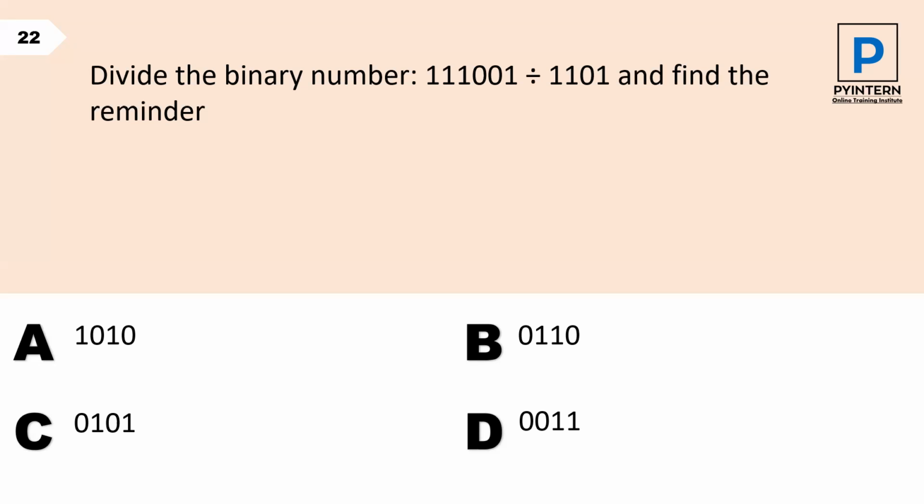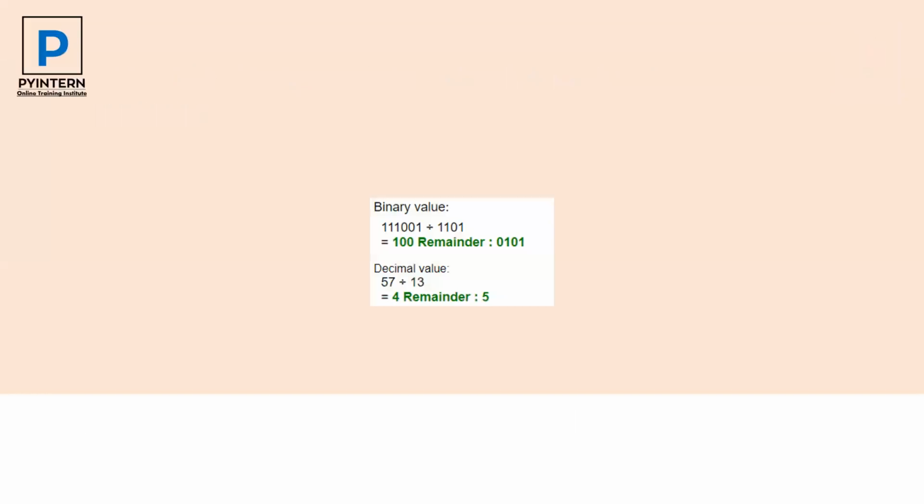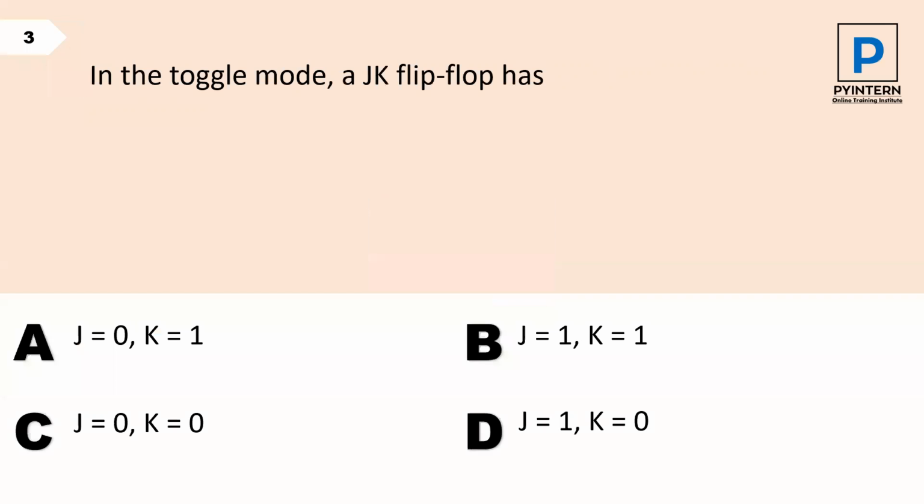The first number, if you convert, 1, 2, 4, 8, 16 and 32, and we divide by this, and we get the correct answer, which is C, 0101, meaning the remainder is 5. Basically the first number is 57 and the second number is 13. If you divide 57 by 13, we get the remainder 5. Come to the next question.